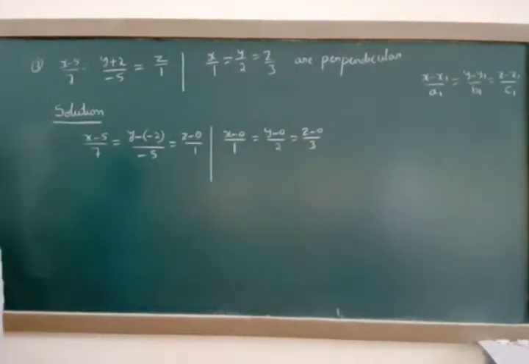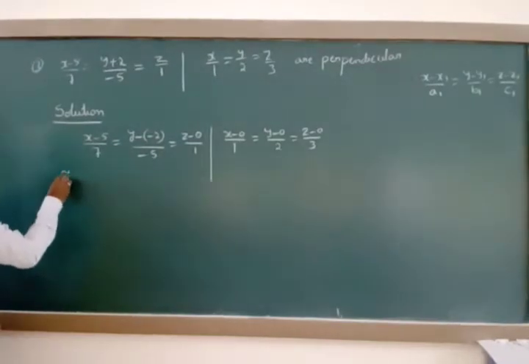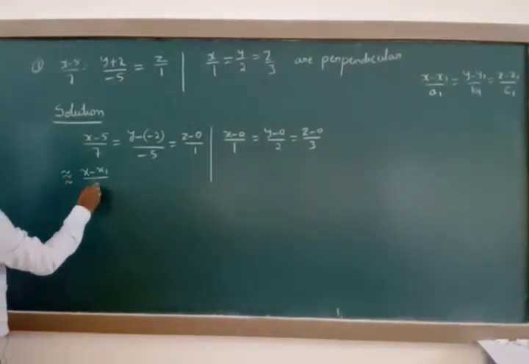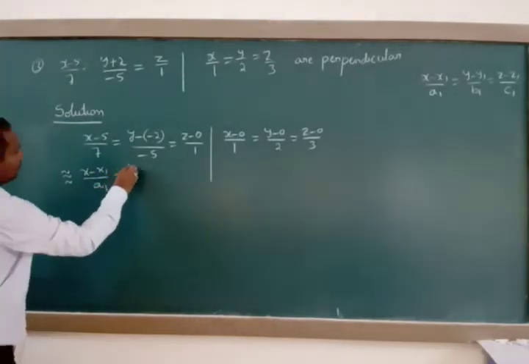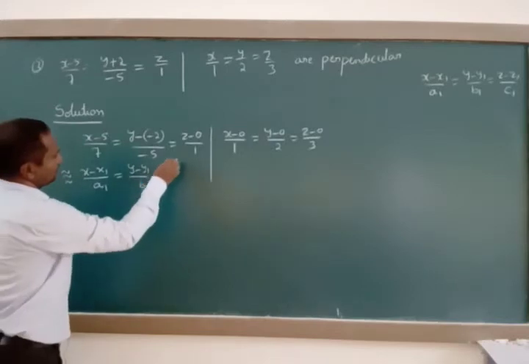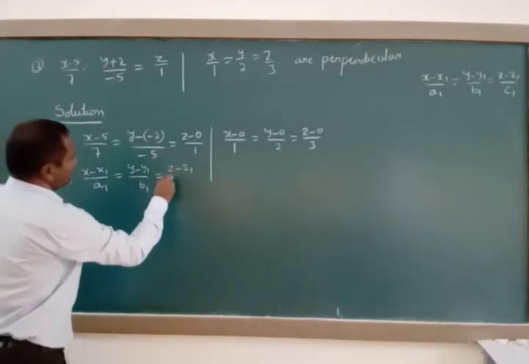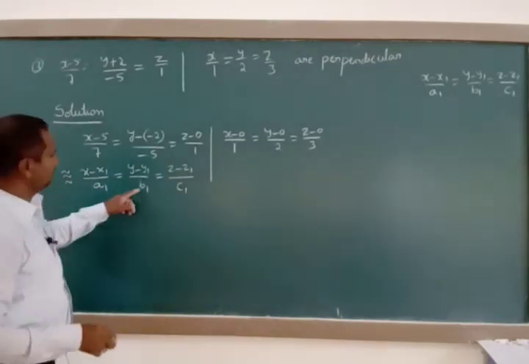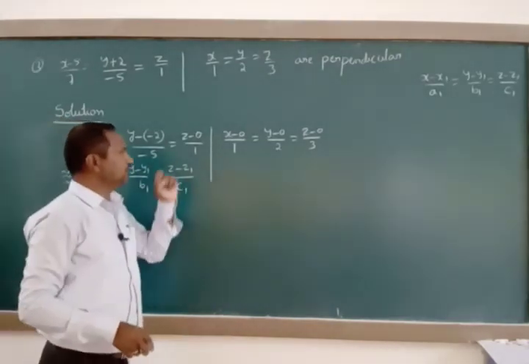Comparing with the standard form, (x minus x1) by a1 is equal to (y minus y1) by b1 is equal to (z minus z1) by c1, the a1 value is 7, b1 value is minus 5, c1 value is 1.